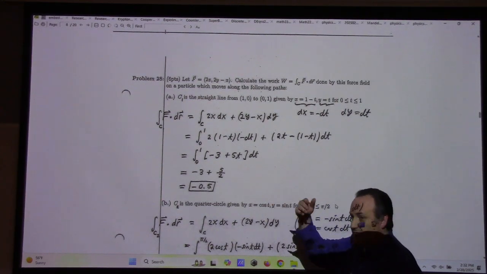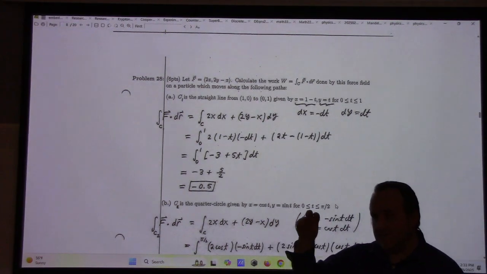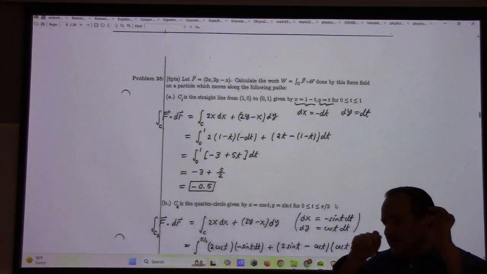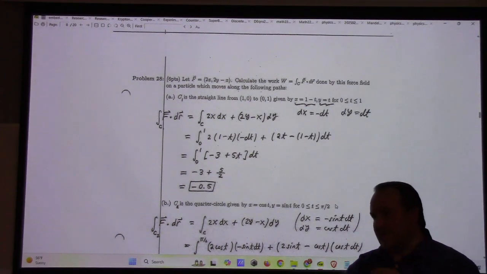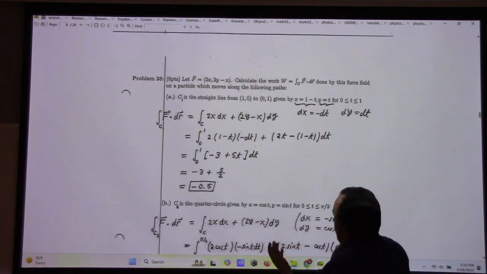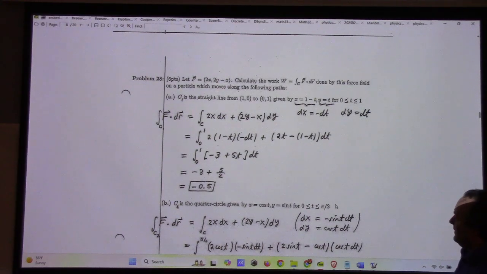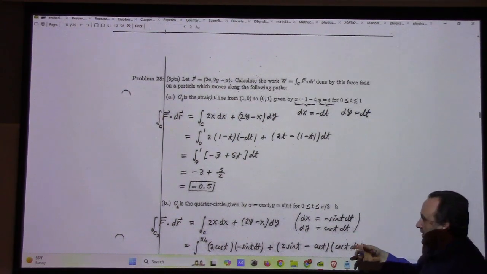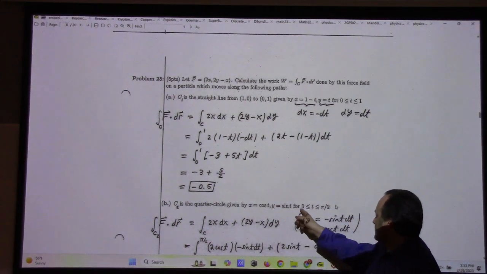This is equivalent to the definition I wrote where we did F of r of t dot dr/dt. In some sense, you can cancel the dt's and just look at F dot dr, where dr has got a dx and a dy in it. If you think of it that way, good. Anyway, I got minus 0.5 for the straight line path. And when we use the quarter circle path, which I give you the parameterization x equals cosine t, y equals sine t for 0 to pi over 2.